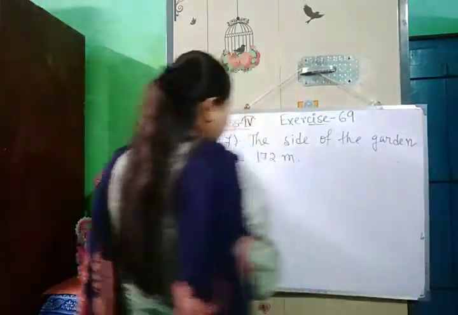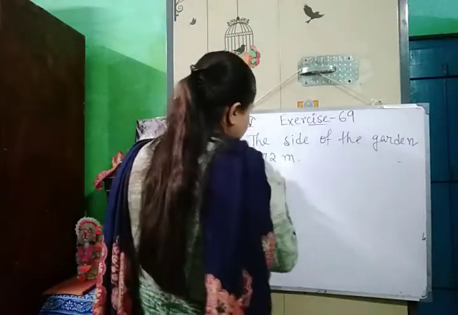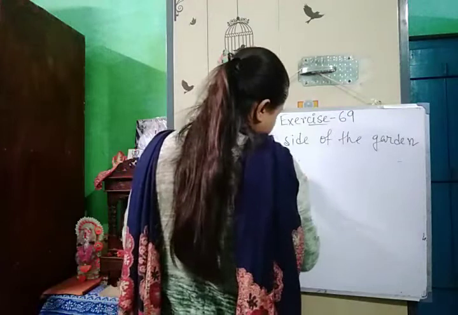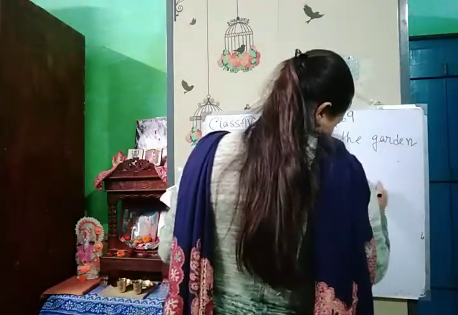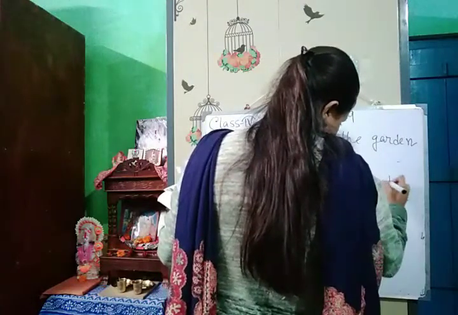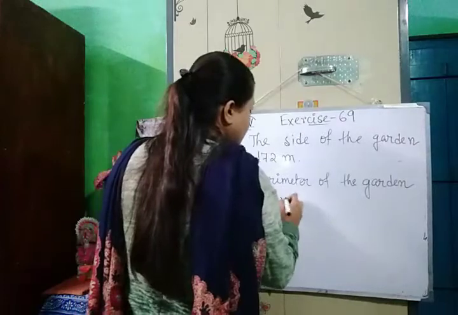So I am writing M. Therefore, the perimeter of the garden is equals to 4 into side.